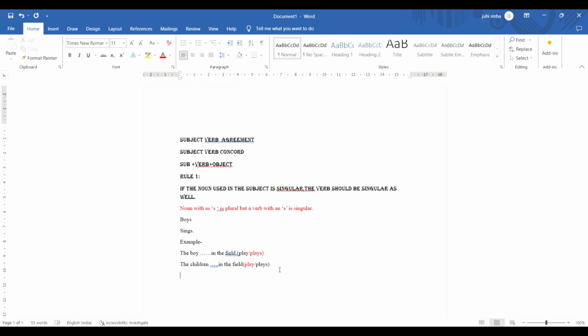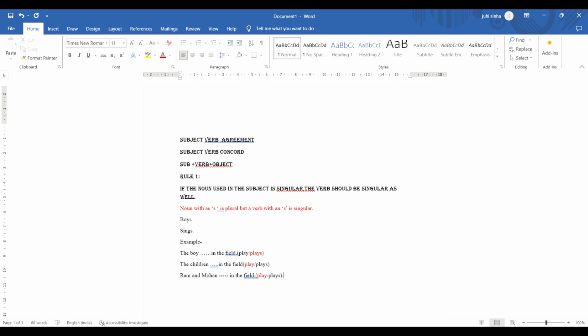Suppose the subject was like this: Ram and Mohan dash in the field. Suppose again we have to choose between play and plays. Because Ram and Mohan are two people, they are plural. So the verb also will be plural. That means the correct option over here is play.